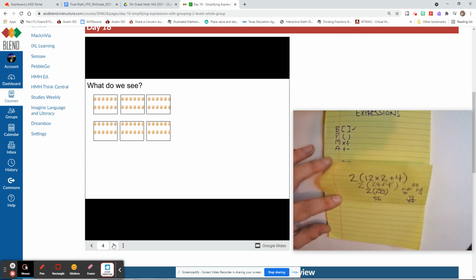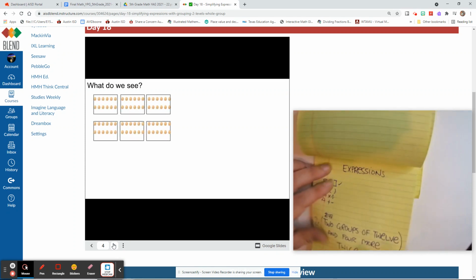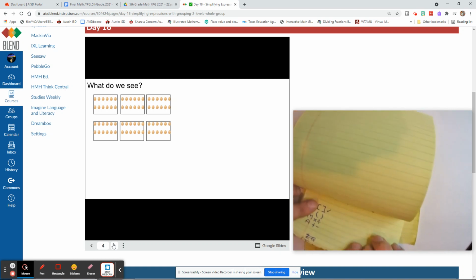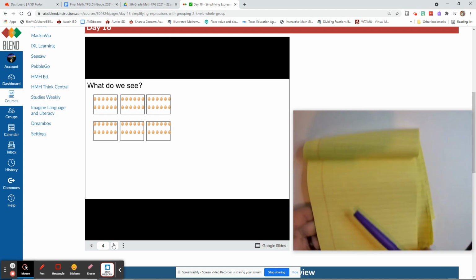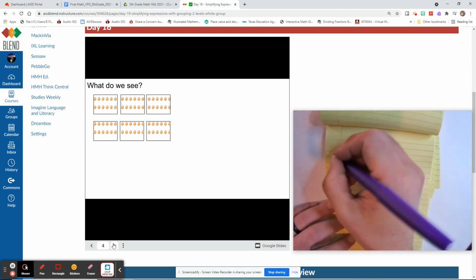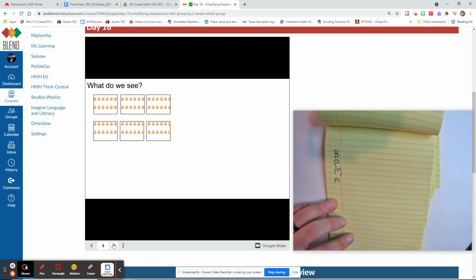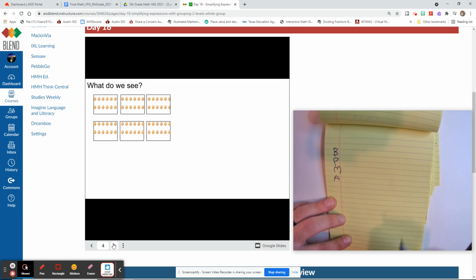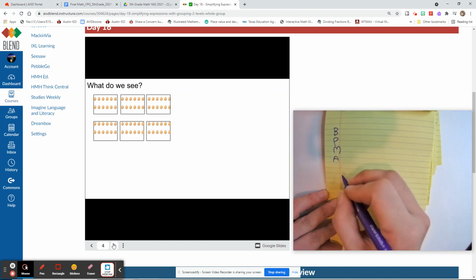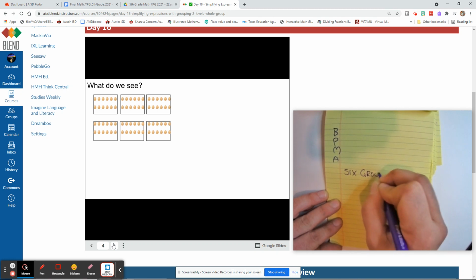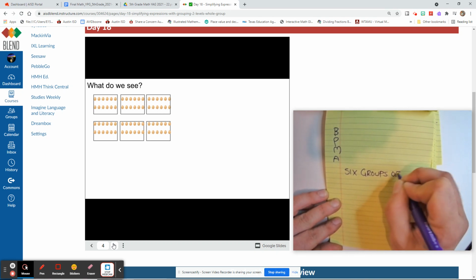All right, so we're going to look at a different problem. This one has a bunch of groups. I'm going to stop shuffling this paper before I talk. Right now, it looks like we're looking at 6 groups of 12.